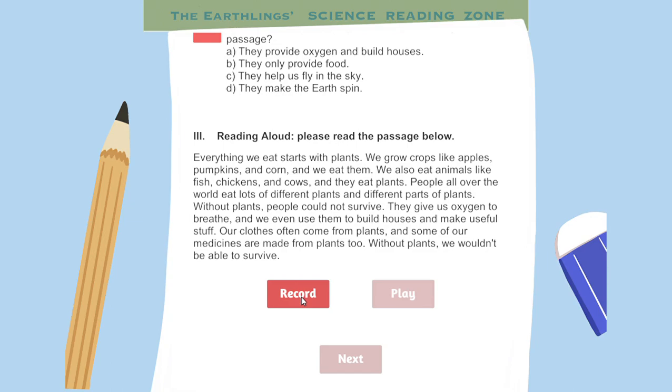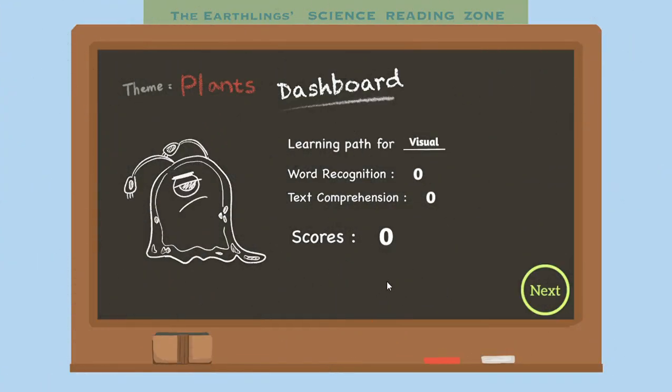So the student also needs to record their voice. And last one is the scoreboard. Students may know their personal scores and know their misunderstanding or the correctness about the task.